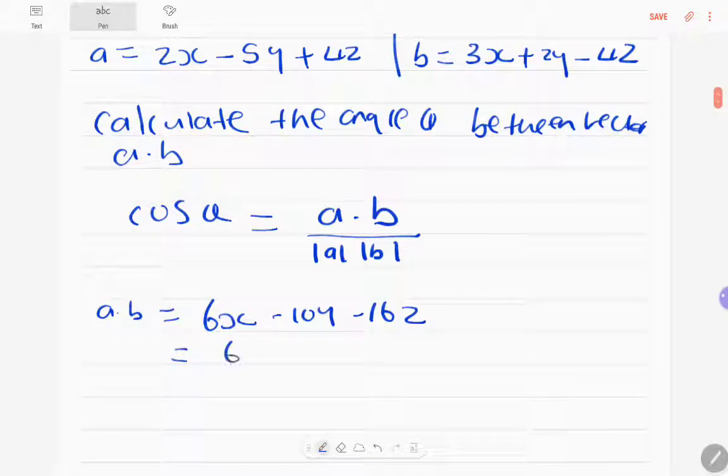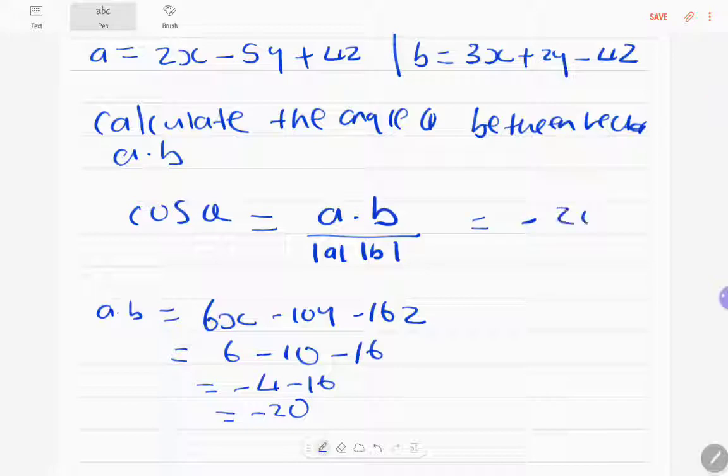We have 6 minus 10 minus 16. 6 minus 10 is minus 4, minus 16. This is minus 20, so you'll have minus 20 all over.